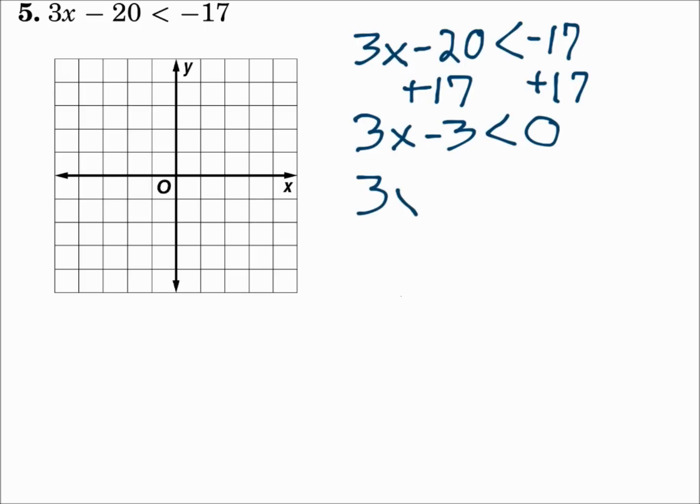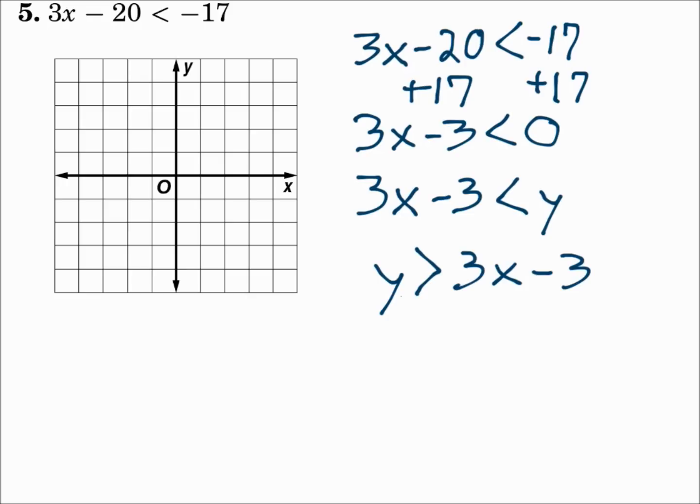Next, replace the 0 with a y. And now we'll graph it. Let's turn that around to get the y on the left. Turn the less than into a greater than. If the mouth is open to the y, the mouth is still open to the y.